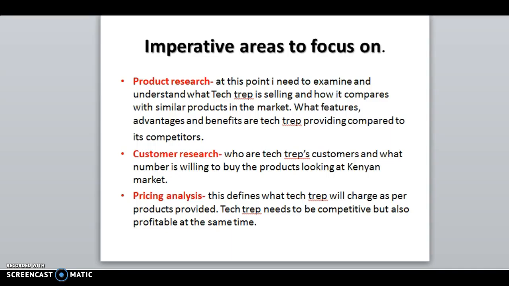TechTrip needs to understand that it's important to be competitive in the market, but at the back of the mind, we all know that the business is for profit. So it's not in essence forgetting the profit part just to stay competitive in the market, whether you charge low prices or high prices.